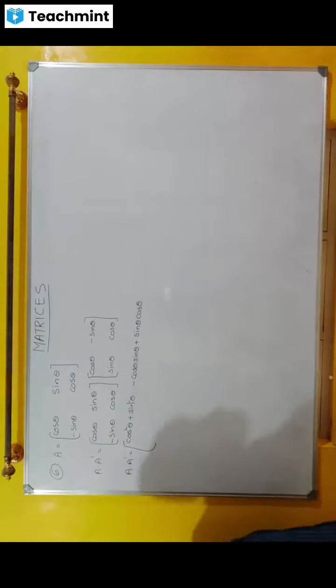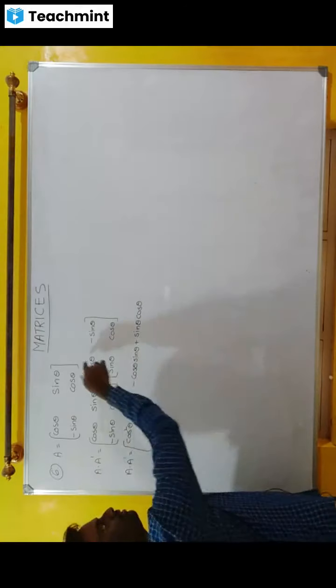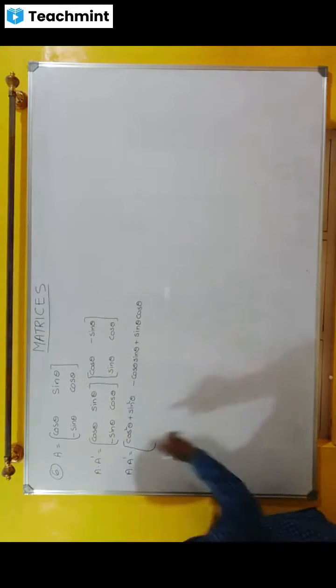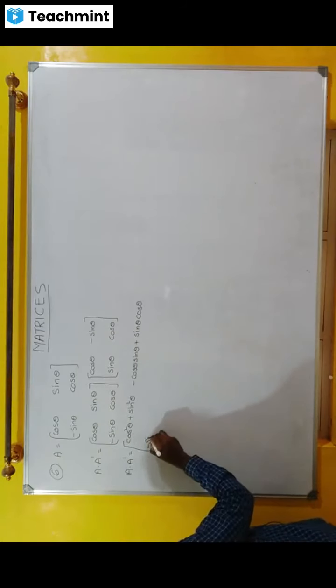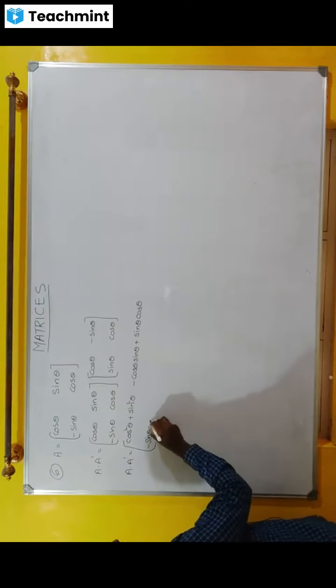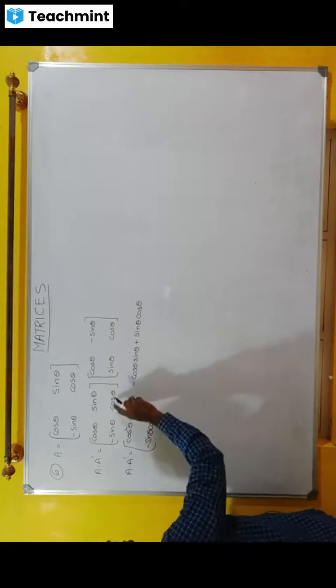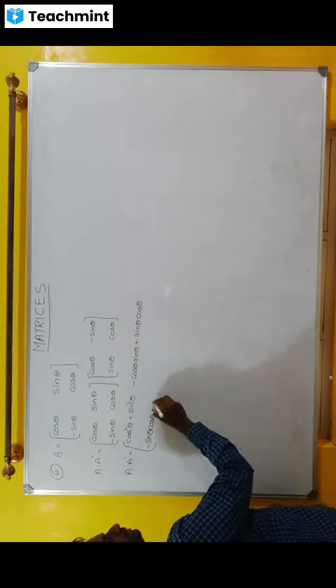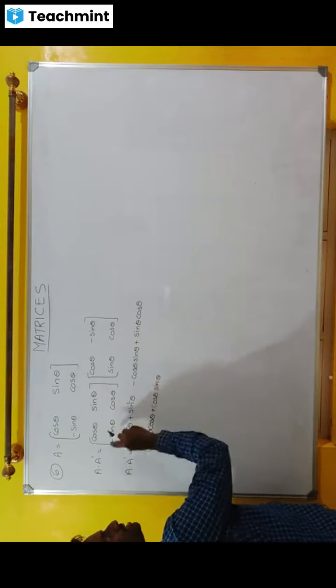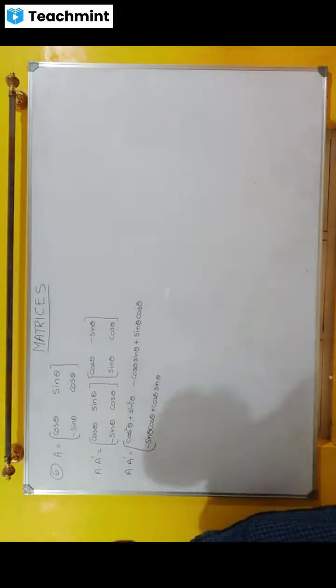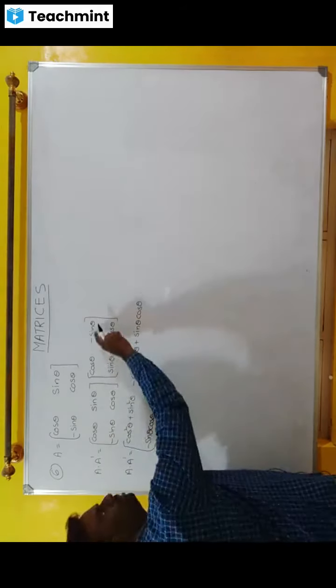Okay. Next, which row? Second row, first column. Minus sin theta into cos theta plus cos theta into sin theta. Second row, second column: minus sin theta into minus sin theta.